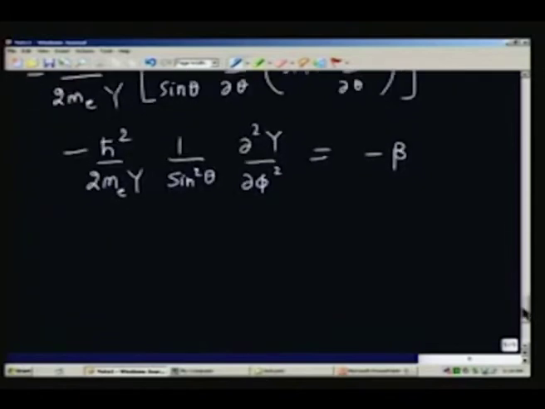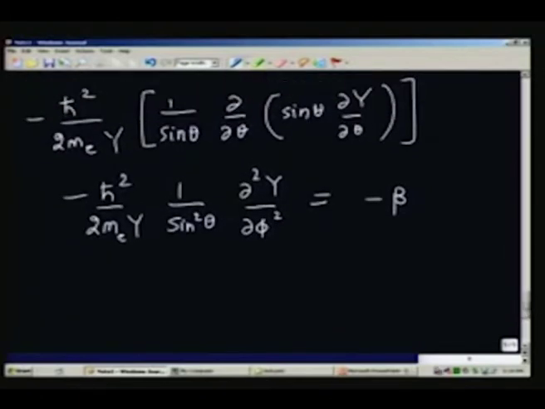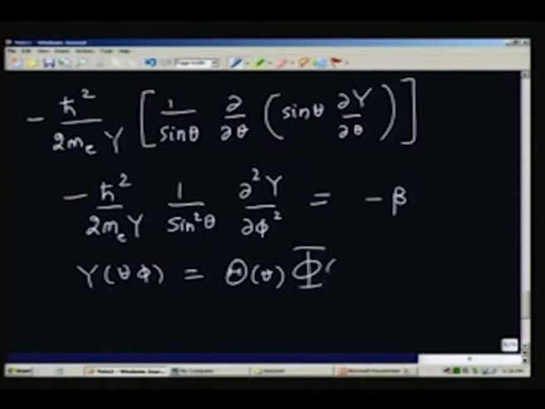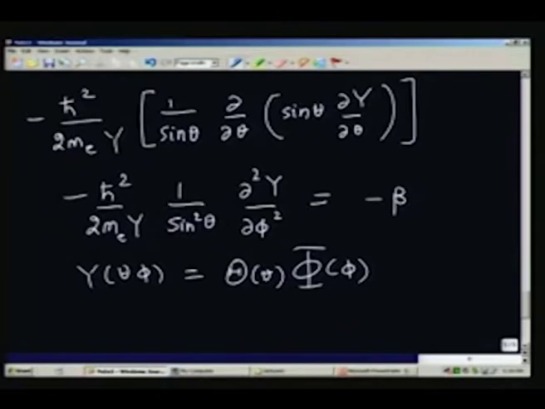Now if we have y theta phi expressed in the same way as we did earlier, namely write this as a function of theta only and a function of phi only, then this equation can be separated further into two equations, one dependent on theta and one dependent on phi.